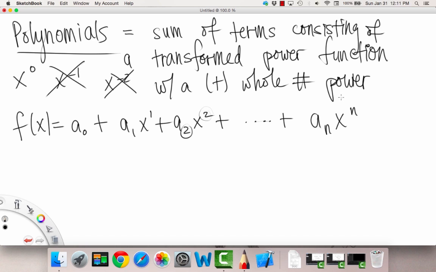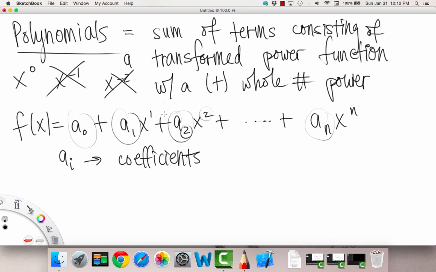This is admittedly super confusing, because it's like, what are the a's and what are the 2's down here? Basically, the a sub i's are a notation where these guys are all different. They're all distinct, which is why we're numbering them. Each of these is called a coefficient, and they're just constants, like numbers 2, 3, 4, whatever.